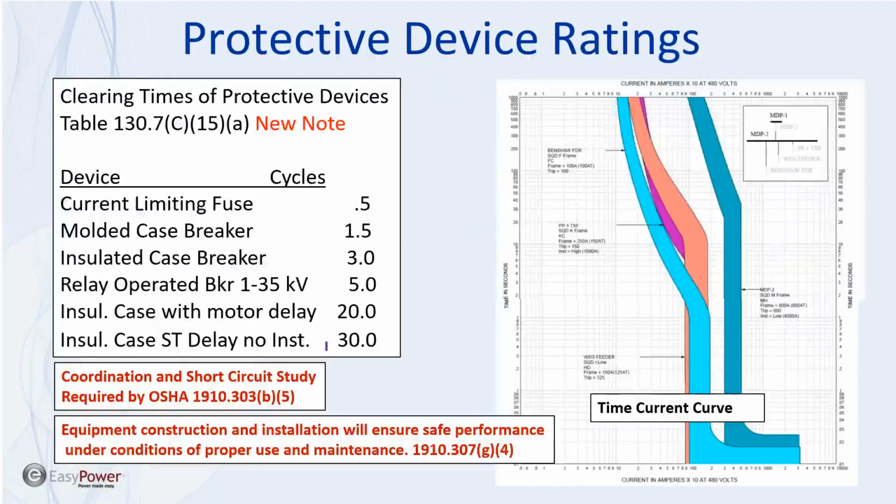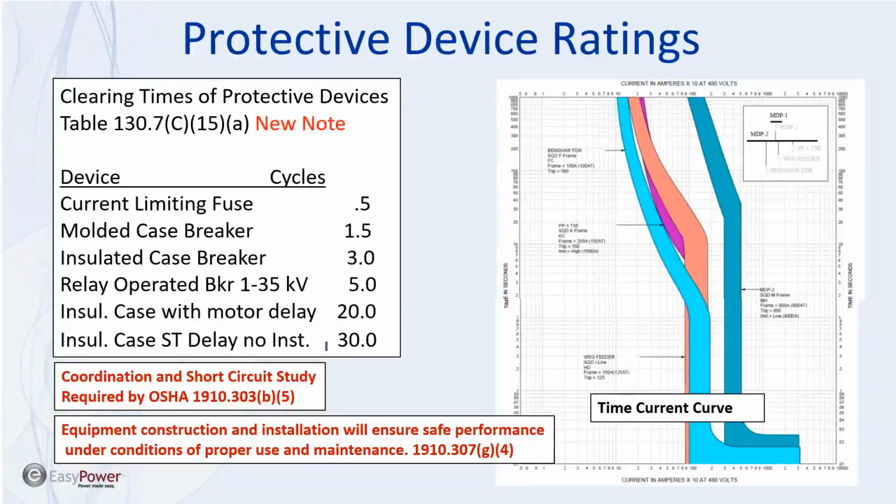Here's a couple of things that it's important to think about. On the right, we have a time current curve, and this shows various devices and how they're supposed to be coordinated. There's overlap, and these would have to be coordinated by the engineer. When you go into the EasyPower software, you can actually make adjustments according to what would be coordinated, and that would give you the new settings, if applicable.